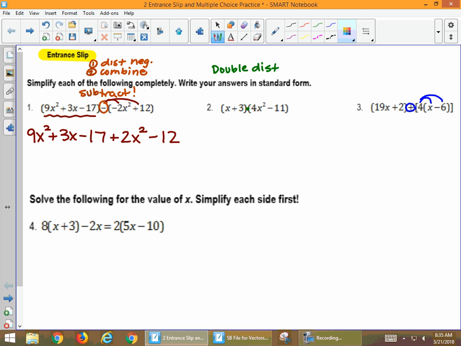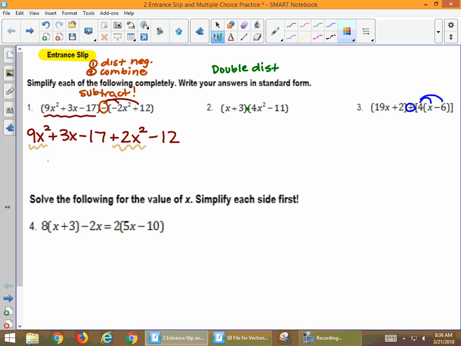And then you're going to combine your like terms. And again, like terms have the same variable and the same exponent. So 9x squared's like term is 2x squared. The 2x squared is positive, and so is the 9.